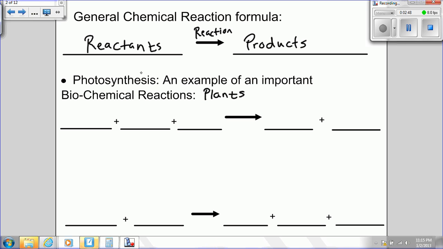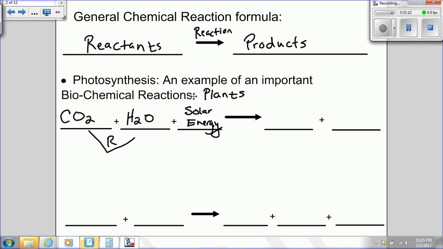So the reactants for photosynthesis include carbon dioxide, CO2, water, or H2O. And even though it's technically not a reactant, it's important for the chemical reaction to happen, so you need an energy source, or solar energy, so sunlight. But if we actually do look at the reactants themselves, water and carbon dioxide are your reactants.